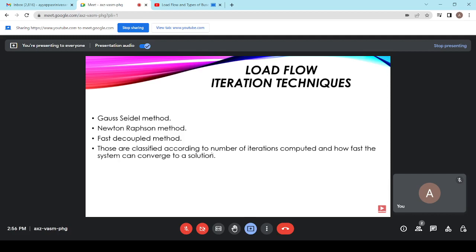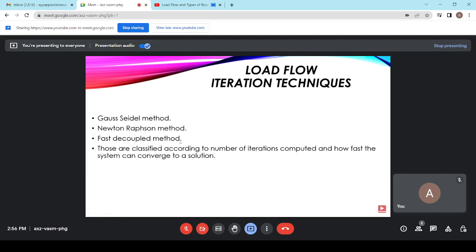In the ETAB program, you will find that we have different iteration techniques which we can choose from. As an example, the accelerated Gauss-Seidel method, the accelerated Newton-Raphson, and also Newton-Raphson and fast decoupled methods. All of them are in ETAB, and you can of course try any of them.